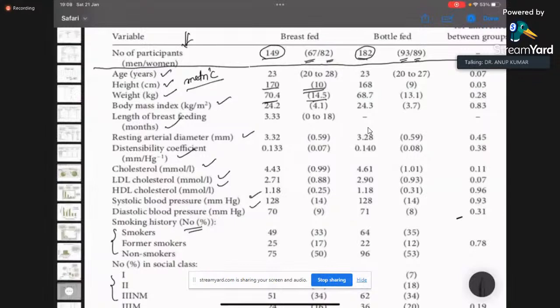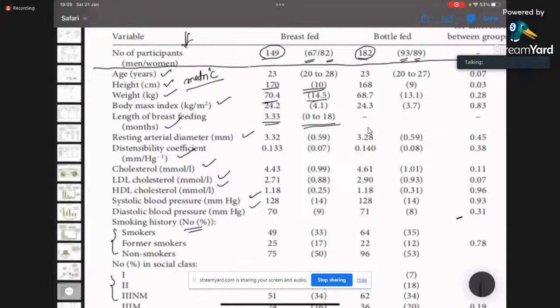But for length of breastfeeding, which is a continuous metric variable, the value is 3.33, but in brackets they have written 0 to 18. Now, this is the story of why they have written 0 to 18.